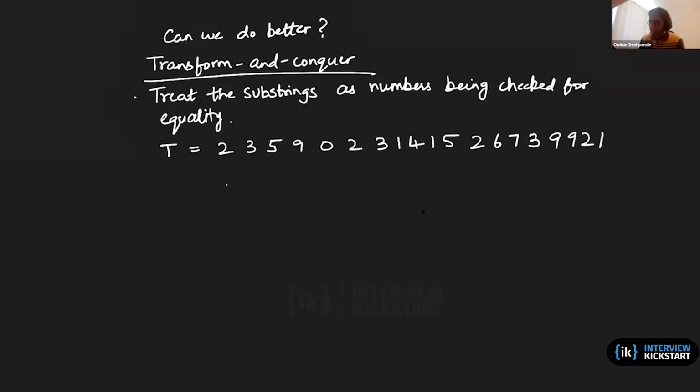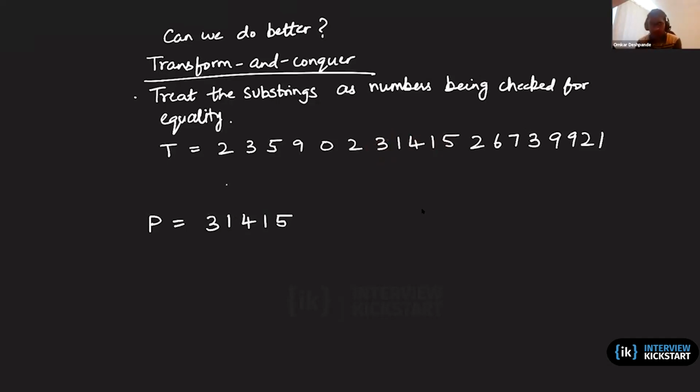So pretty big. And let's say the pattern is 3, 1, 4, 1, 5. Now just by visual inspection, you can see that this appears here in the text.